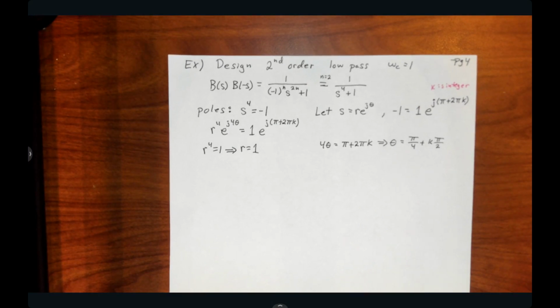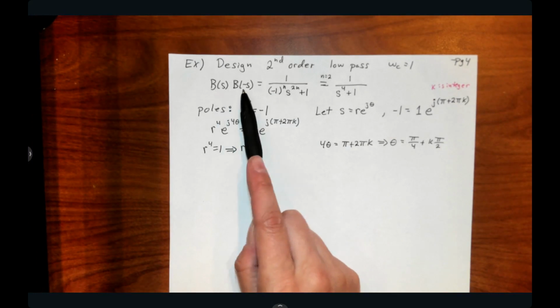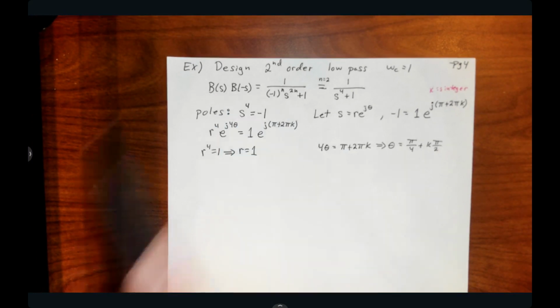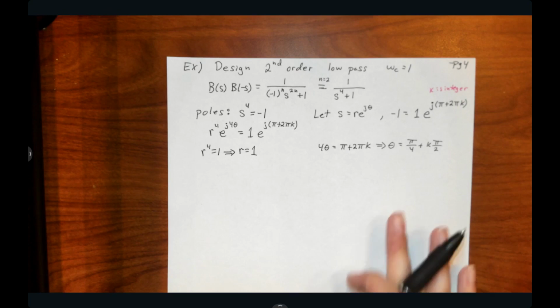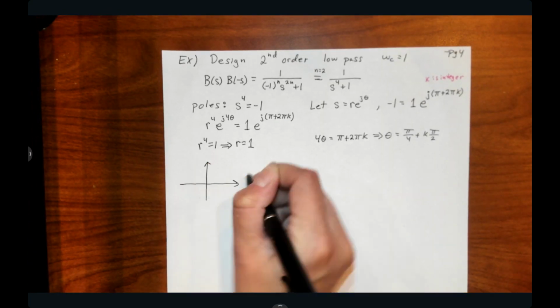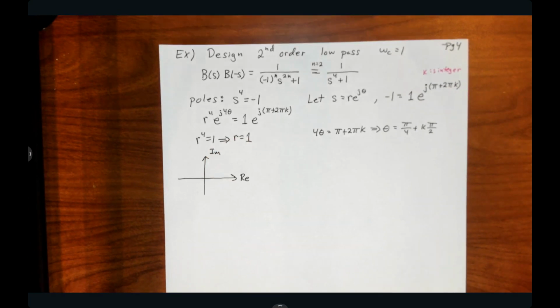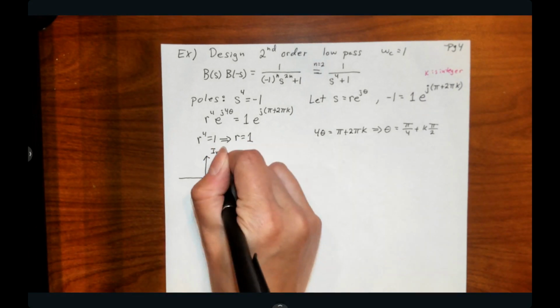But what we know is that 2 of the poles are what we're actually interested in. 2 are going to be unstable poles. The easiest way to figure out which ones we want to pull is probably by looking at a sketch of the poles. Based on r, everything is going to be on the unit circle.